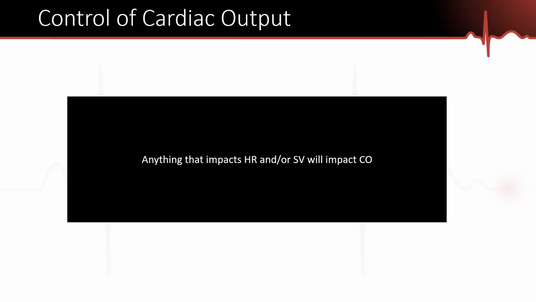And we know the equation, right? It's heart rate times left ventricular stroke volume. So anything that influences heart rate or left ventricular stroke volume, in most cases both, is going to have a huge impact over cardiac output. If either one of those values increases or decreases, that's going to influence the amount of blood circulating around the body per minute.